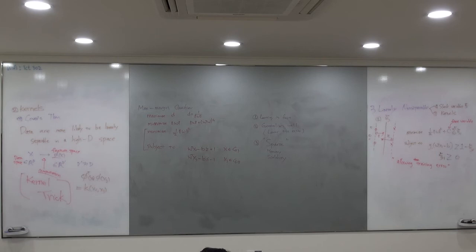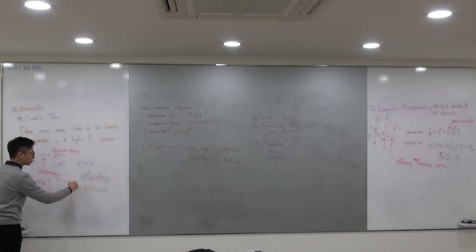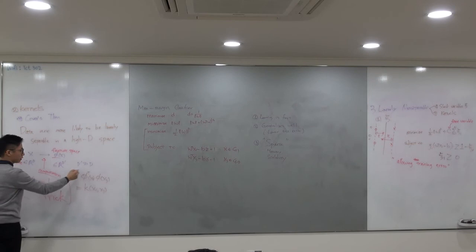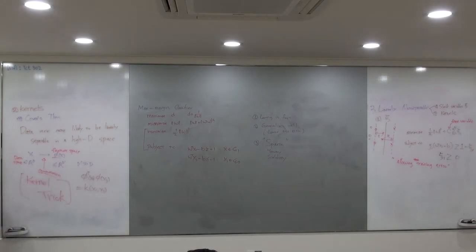This is the kernel trick. So by the kernel trick, we are treating high dimensional space implicitly without saving all the d prime elements of the vector. This is the basic idea of the kernel trick. Any questions regarding this?